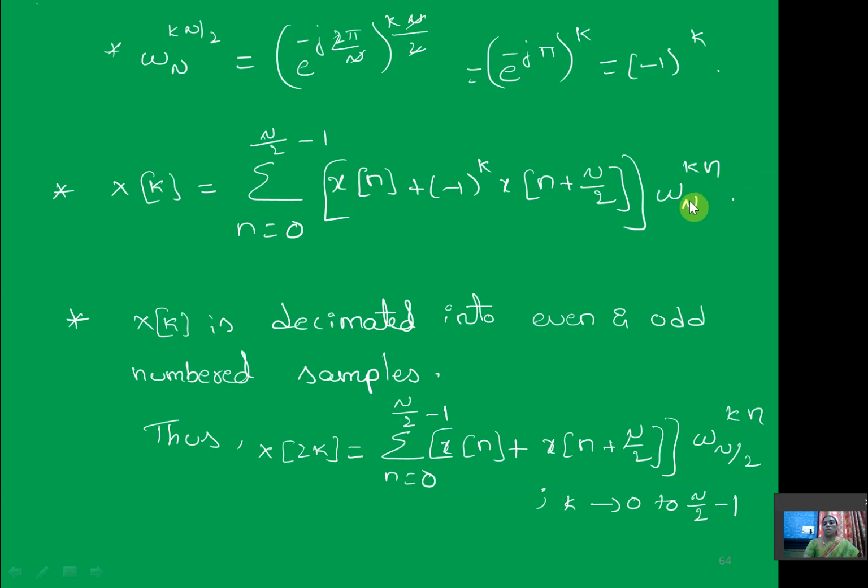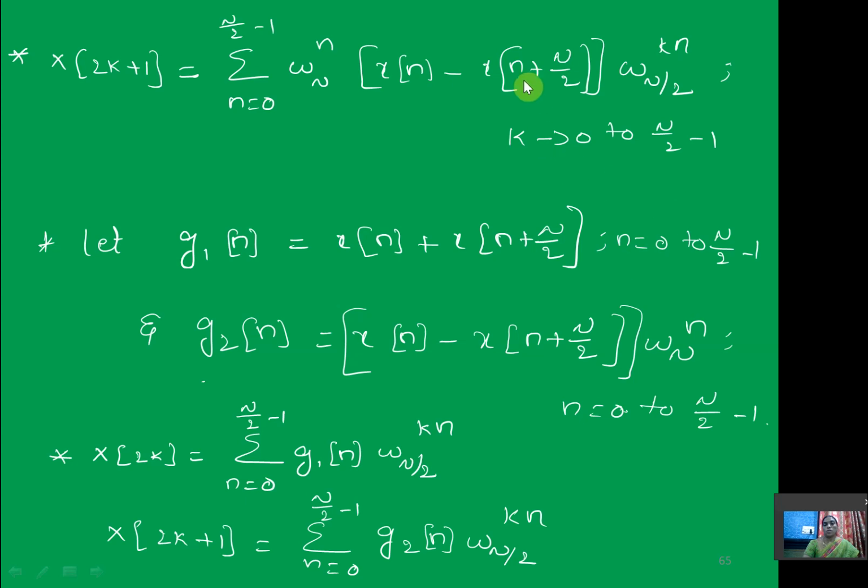That means W_N power 2kn into W_N power n. So now W_{N by 2} power kn into W_N power n. So now this is the one here: x of n minus x of n plus N by 2, W_N power n, W_{N by 2} power kn.